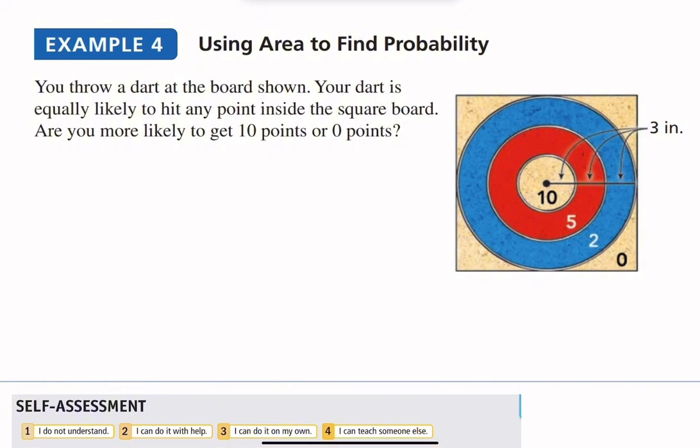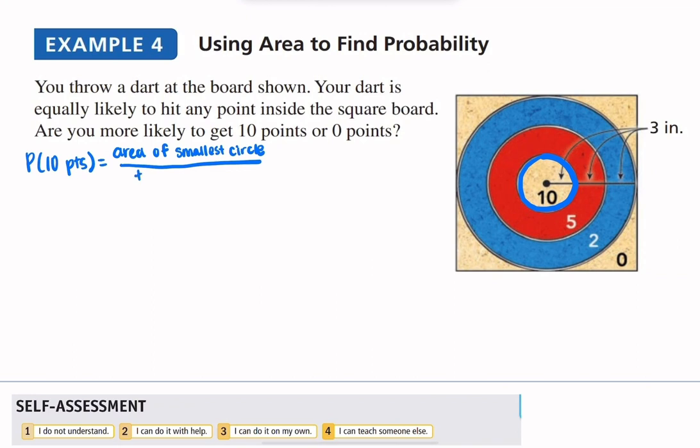So we're going to find the probability of 10 points first, which is going to be just in this circle right there. So we're going to find the area of the smallest circle over the total area of the board.